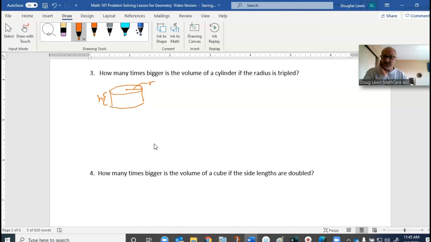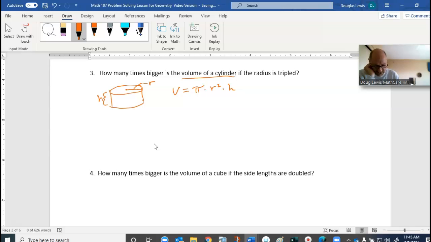So R is the radius, and the volume of a cylinder is pi times the radius squared times the height. Now, a simple way to do this is to take an example. It seems to imply that it doesn't matter what the radius is to begin with, or the height, so we can just pick a number for both of those. You can make it really simple.